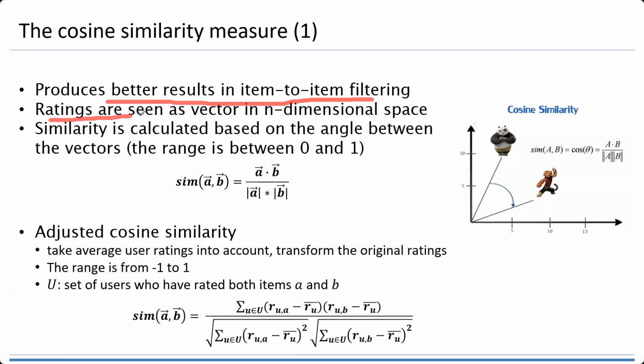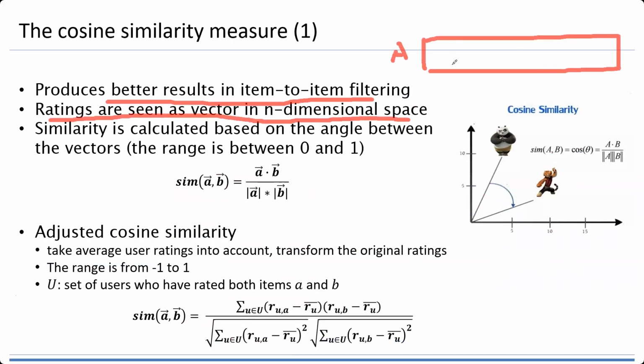And ratings are seen as vectors in n-dimensional space. N-dimensional space means if I have the rating of Alice, we can have the vector.